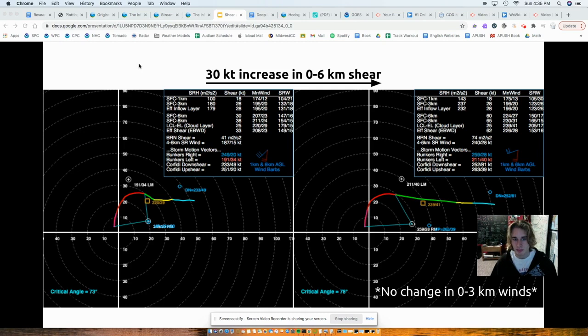But remember, 0 to 6 kilometer shear doesn't cause low-level mesocyclones to form. It enables them to form.